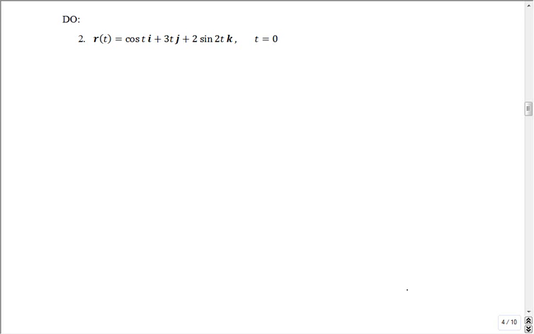Okay, let's go over it. R prime of t. What is the derivative of cosine? Minus sine t i. What is the derivative of 3t? 3. What is the derivative of 2 sine 2t? 4 cosine 2t. Yeah, we have to use the chain rule here, right? It's cosine 2t, and you need to multiply by 2.